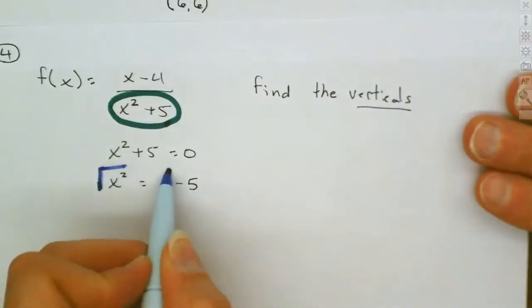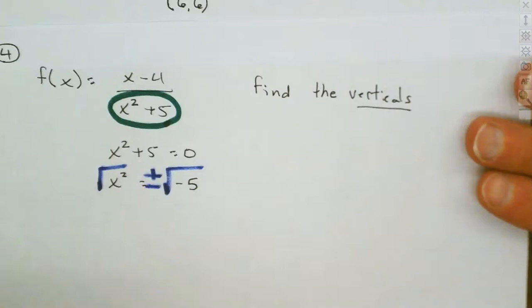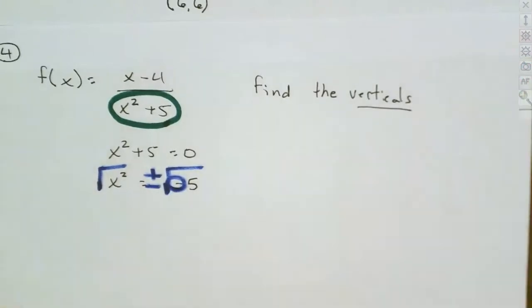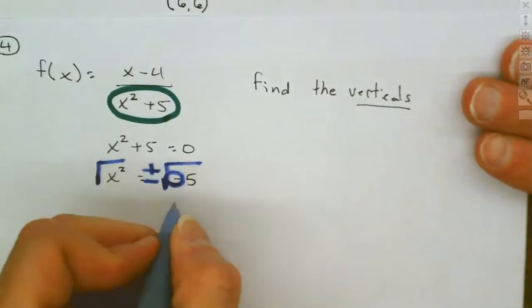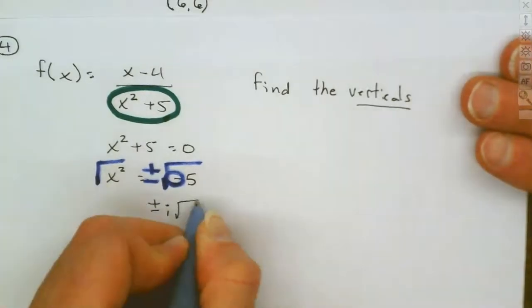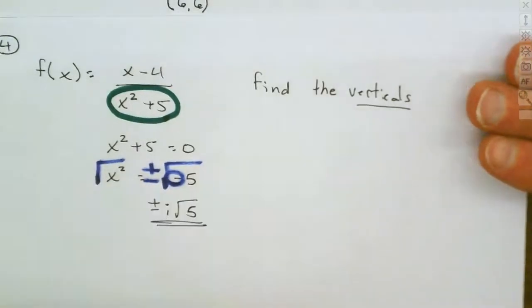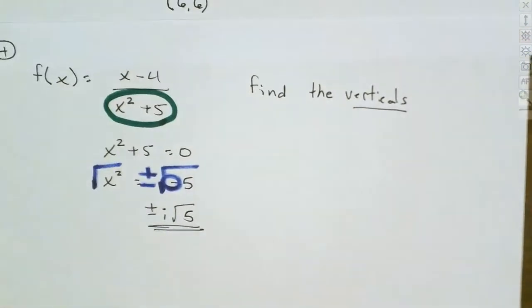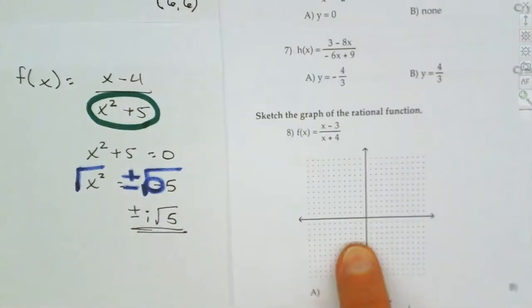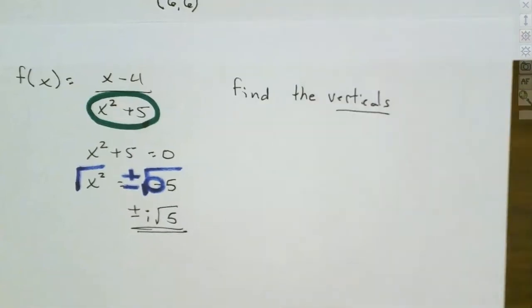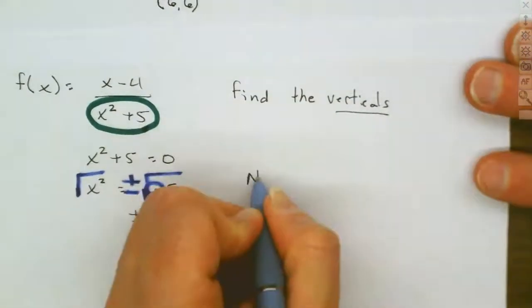And when we take our square root, what happens with that? It's a negative underneath the root. So that comes out as i square root of 5, right? And when we look at a graph, are imaginary numbers on this plane at all? No. So this comes out to be imaginary, so that means there are no verticals.